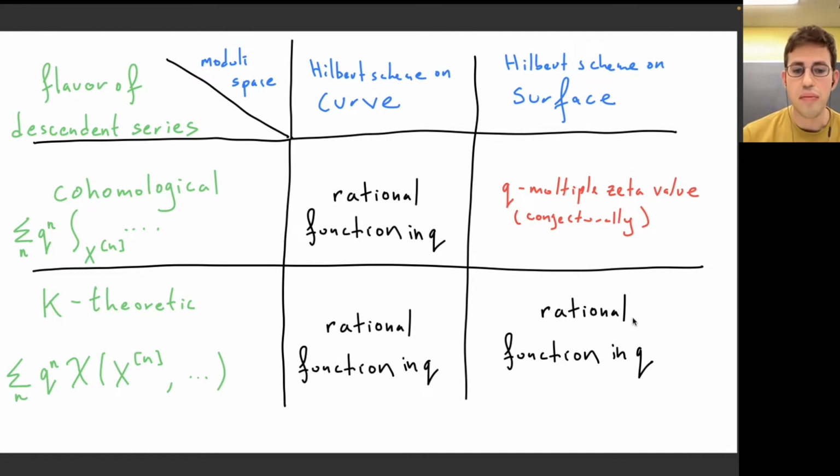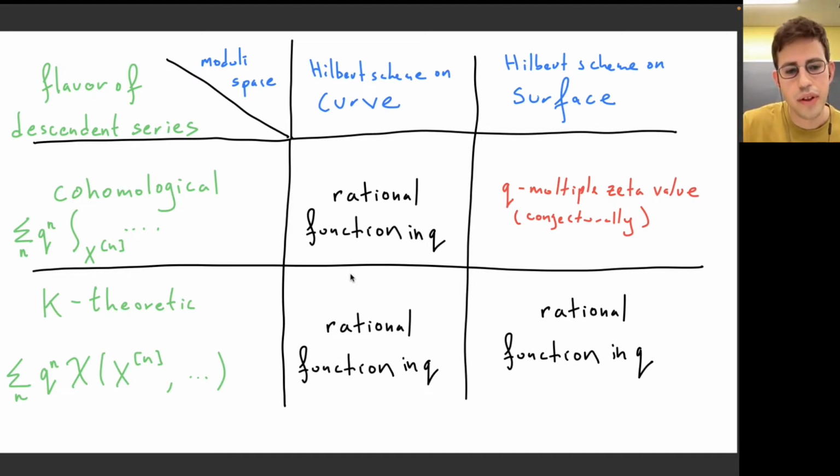And in many cases, the behavior has been verified to behave much more like curves. So in all those cases that have been checked, one also gets rational functions. And the expectation is, in general, that virtual descendant series for quot schemes on surfaces and curves are both rational in the cohomological and K-theoretic formulations.